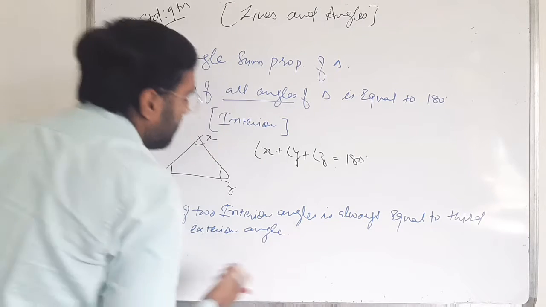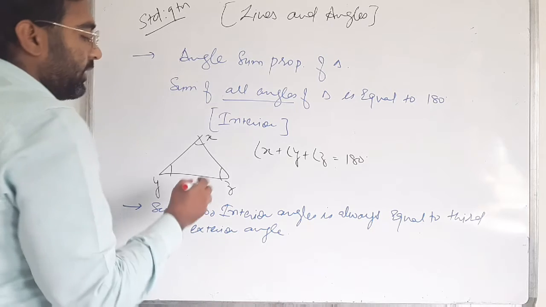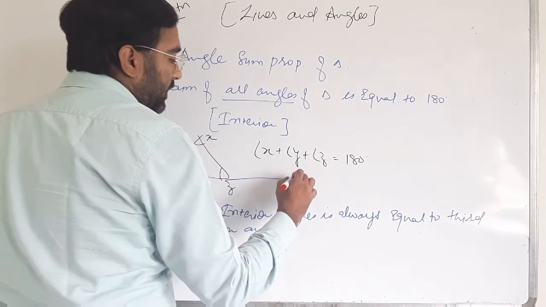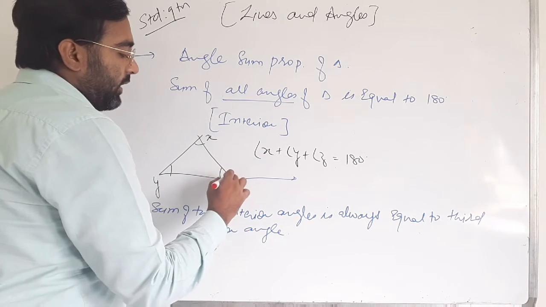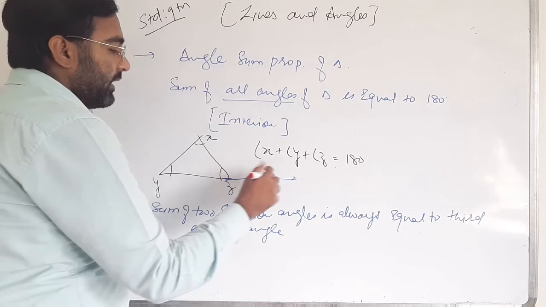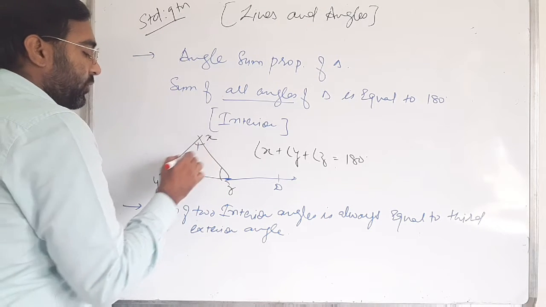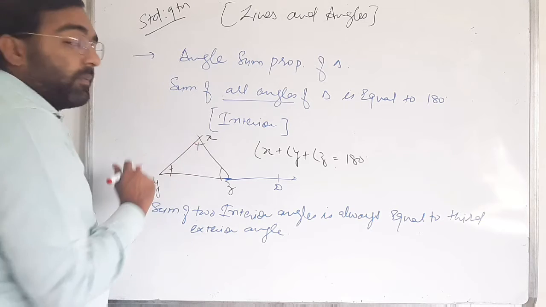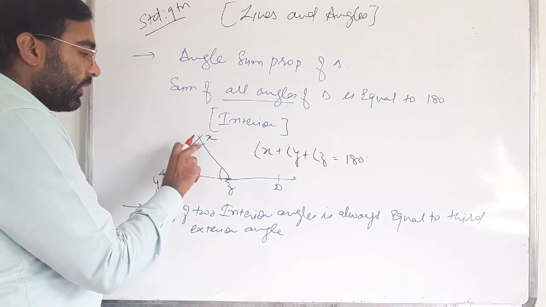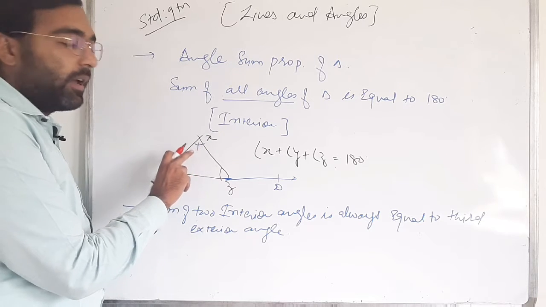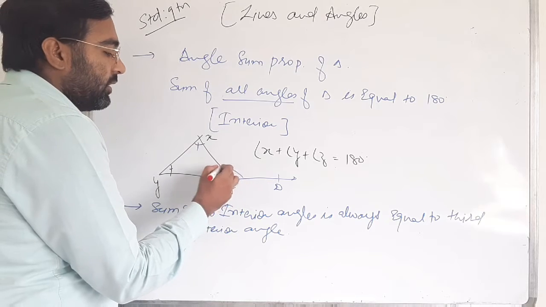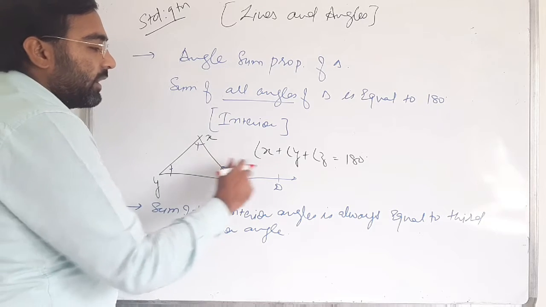Okay, that means here I'll draw the line, produce YZ at D. So the sum of two interior angles, X and Y, is always equal to this angle XZD.